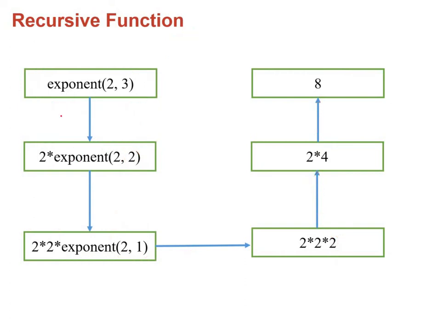So again, I'll repeat it. When you call this function with 2 to the 3, you always get r multiplied by r to the 3 minus 1, one power reduced, right? And then you get r multiplied by, so now this whole thing is going to be replaced by this whole part.